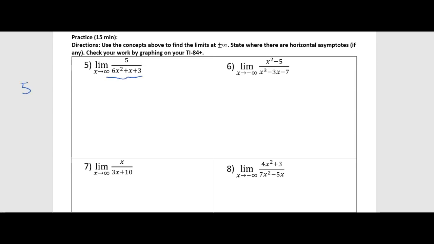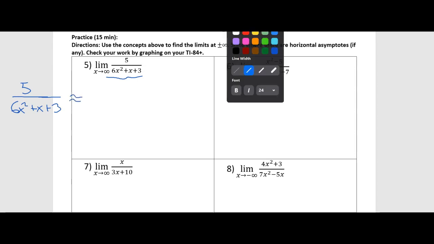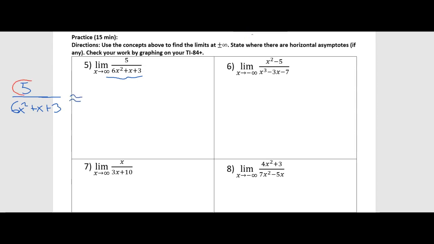So if I rewrite this function, we know that this function is approximately equal to the ratio of the two leading terms when x is very large.